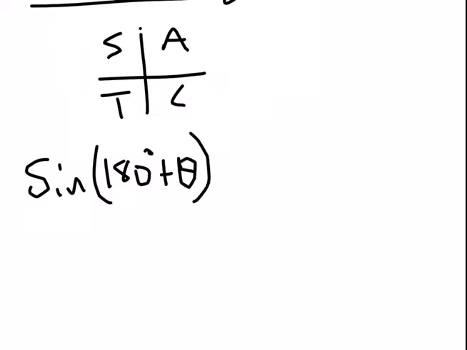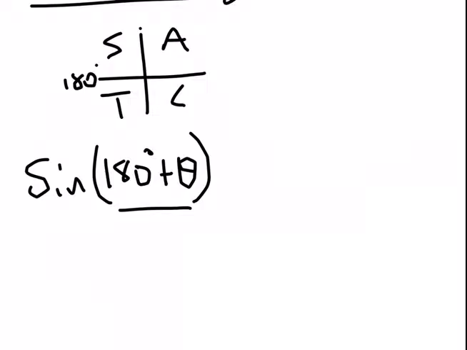You need to know in which quadrant this falls. As long as you plus the 180, it takes you to the third quadrant. It would be the second if you had to minus, because it's like saying 180 minus 30, which is 150, and that's in the second quadrant. But if you say plus, then it's in the third quadrant.